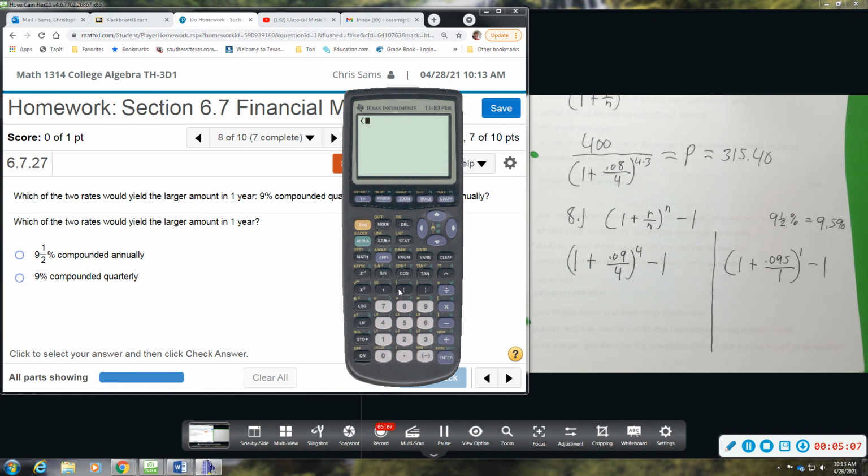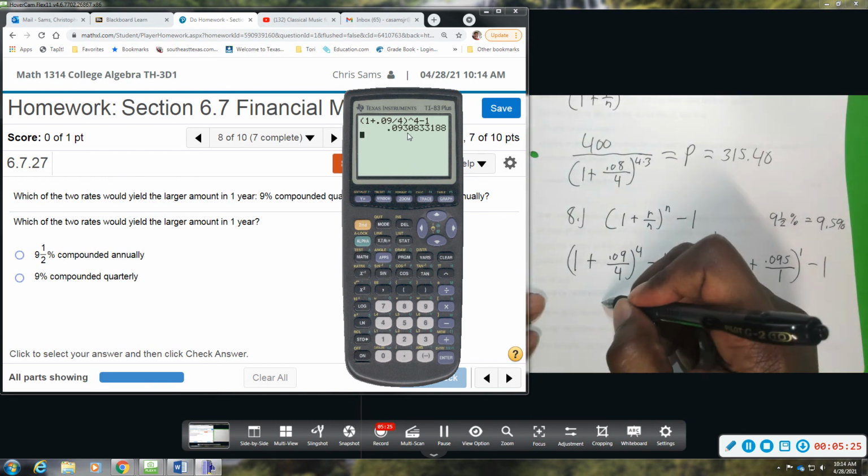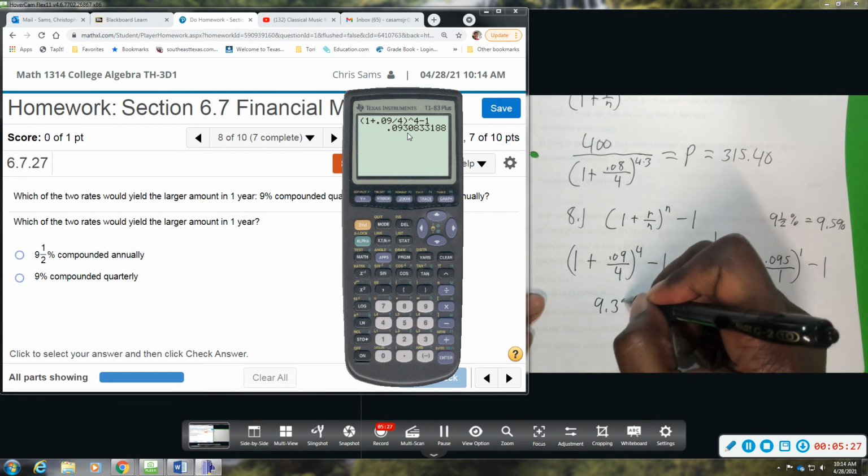So parentheses 1 plus 0.09 divided by 4 raised to the 4th minus 1. That gives us about 0.093, or about 9.3%.